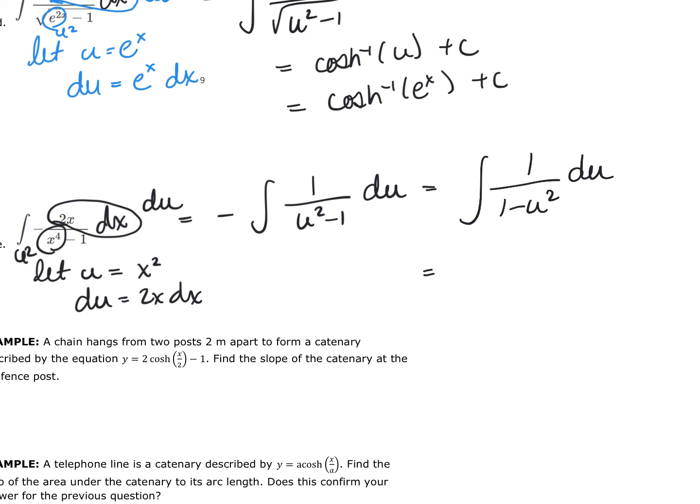So this is either equal to the inverse hyperbolic tangent of u plus c if the absolute value of u is less than 1, and don't forget the h, the inverse hyperbolic cotangent of u plus c if u is greater than 1.